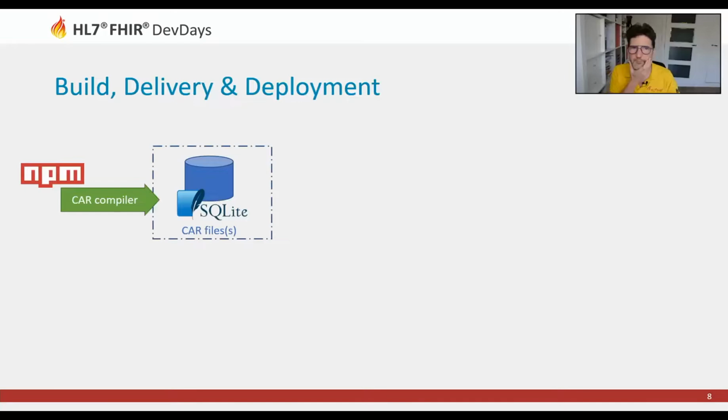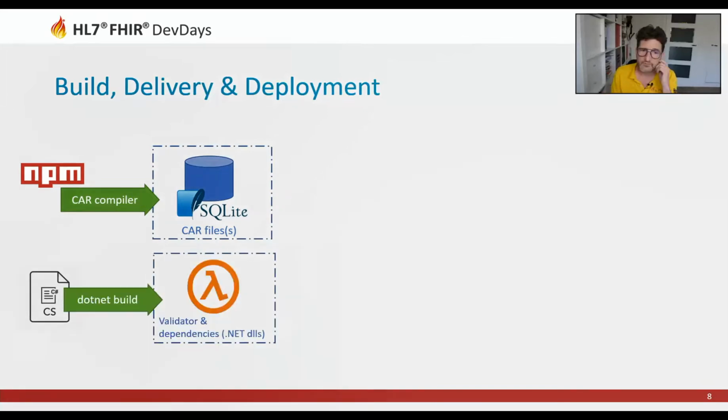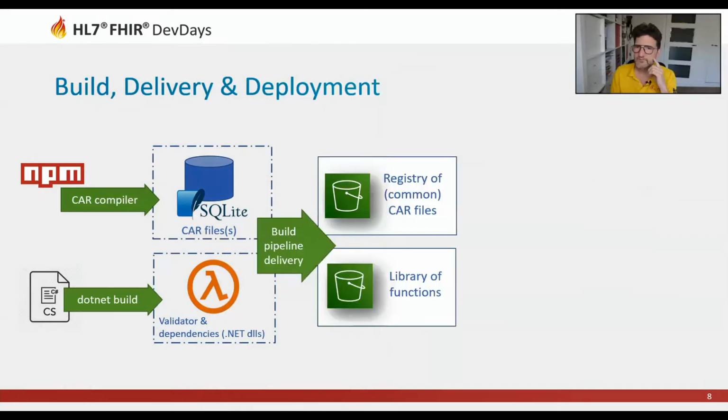Once we solve that puzzle, now the rest becomes pretty easy. So our build delivery pipeline takes an NPM file for, say, a certain IG and compiles it to SQLite. We compile the latest version of our validator and all its dependencies, which are .NET DLLs, and deliver them to our cloud environment.